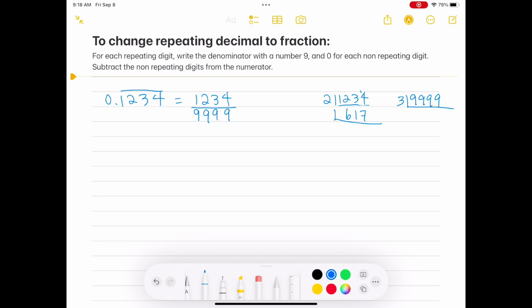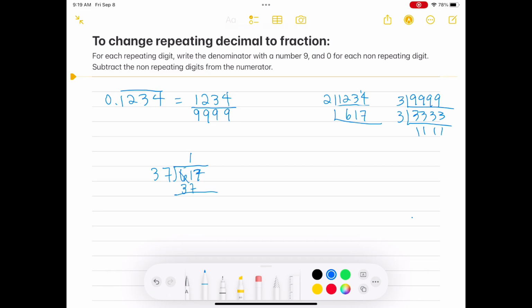9,999 and see what the factors are of that number. Okay, so now I have 3 times 3 times 1,111. So I need to compare 617 and 1,111 to see if there are some hidden prime factors that are common to both those numbers.